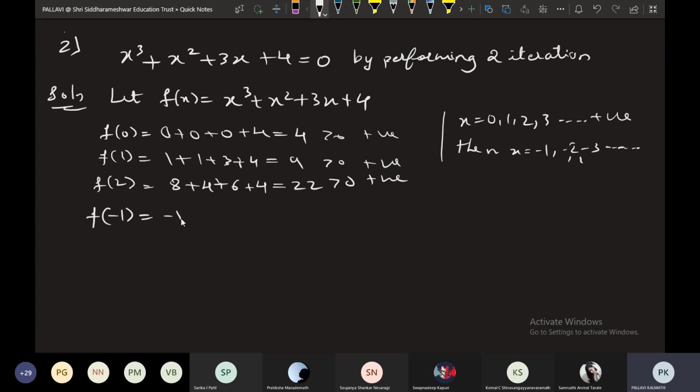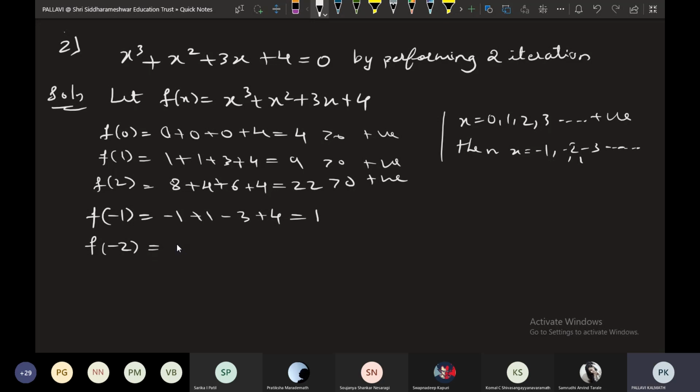Minus 1 cube is minus 1 only. Minus 1 square is plus 1. Minus 1 into 3 is minus 3, plus 4. Then you are getting positive only. Then go for minus 2.